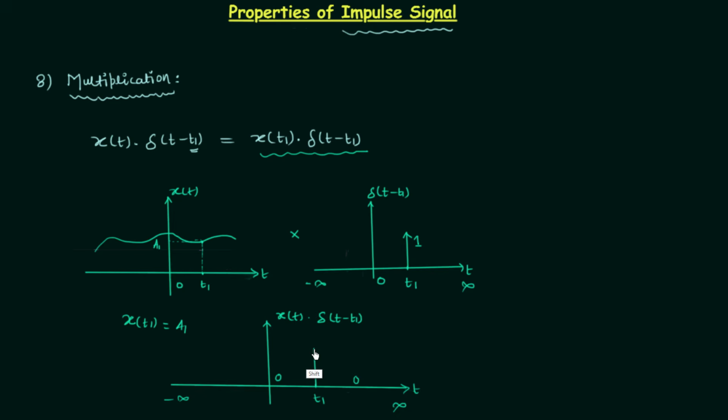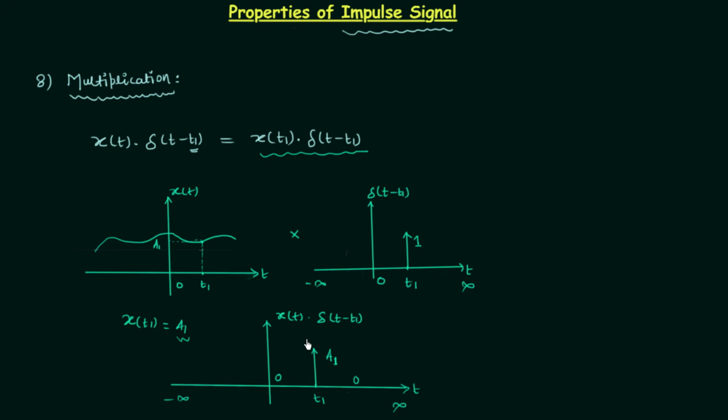We will definitely get an impulse, because whatever be the value of signal multiplied by infinity, we are going to get infinity. But remember, we represent the area here. We write down the area here. This is how the notation of the unit impulse signal is defined. So a1 will be multiplied to the area. So here we have a1.